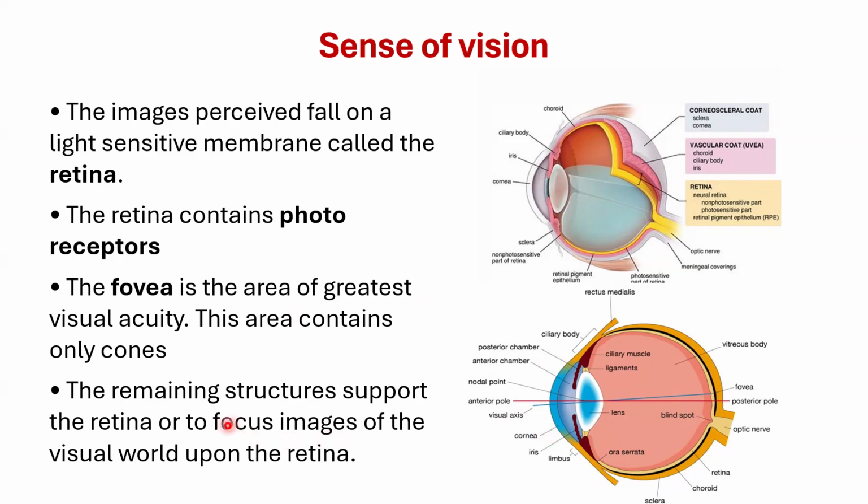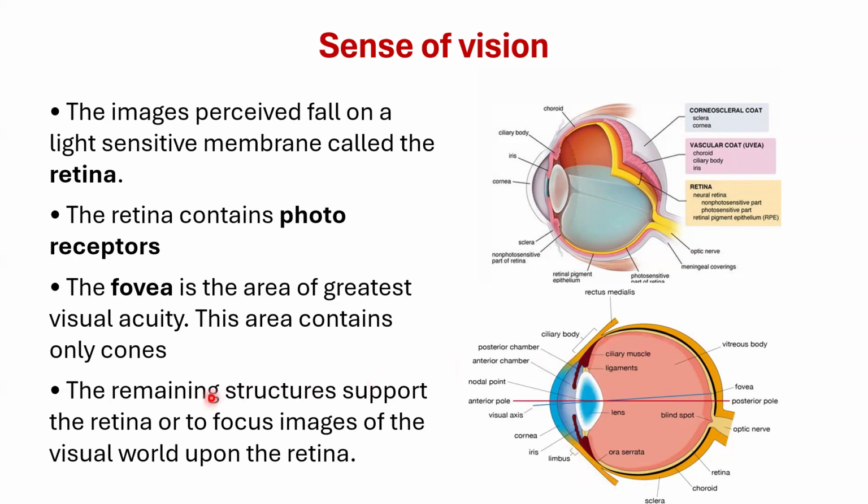Then the remaining structures of the eye, so talk about the vascular coat, the outer coat, the cornea, the sclera, the aqueous humor, the vitreous humor, the lens, the various ligaments, the various muscles, all of them.